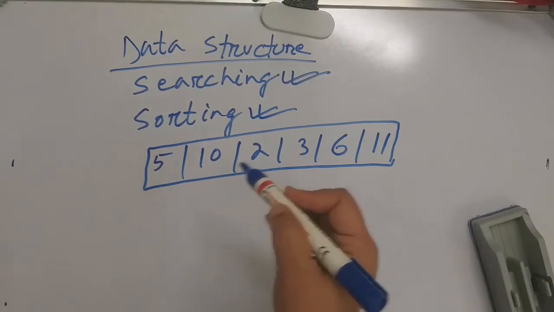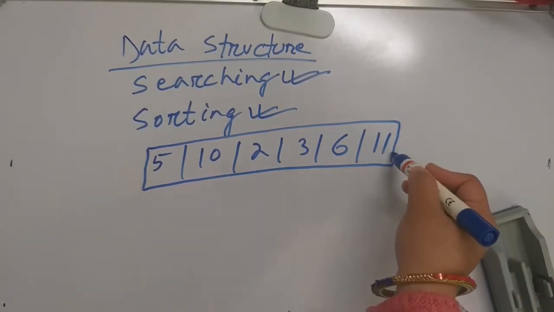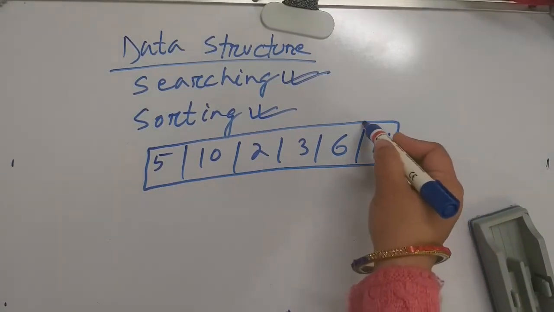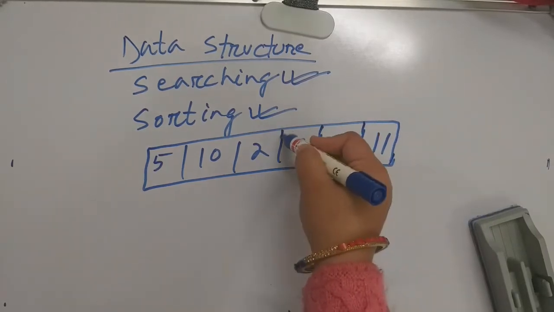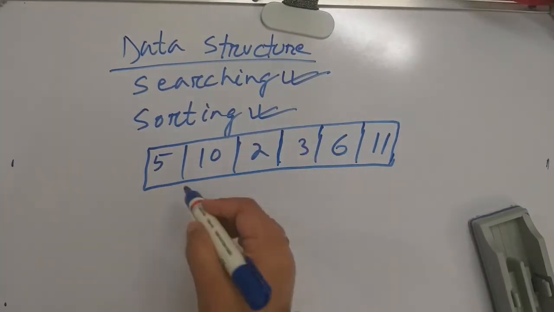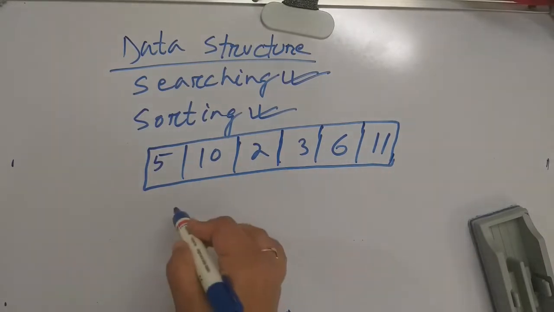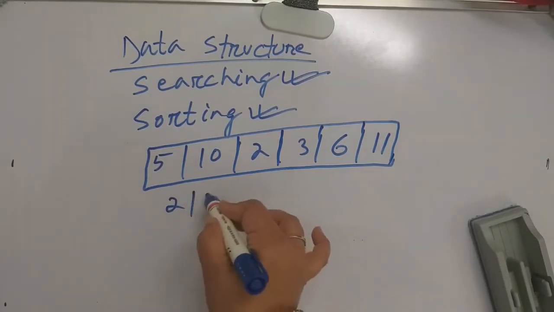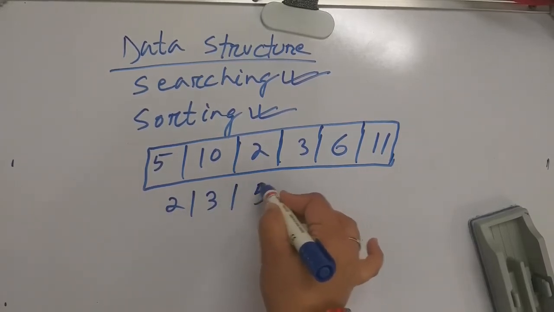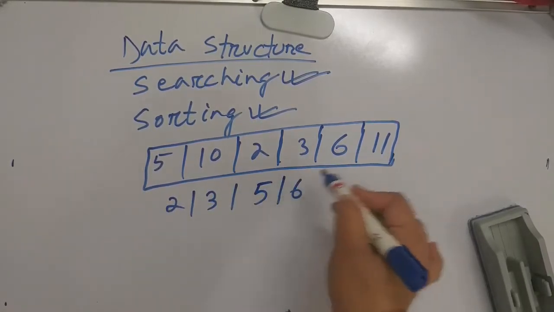There are different types of sorting techniques, and later we will discuss them one by one. The list may be given in any order, and we sort it to get the ascending order list.